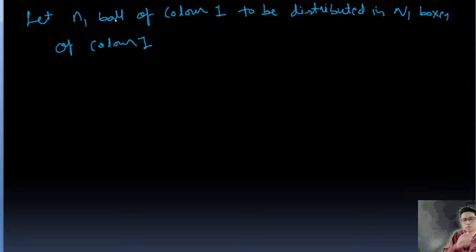Capital N1 is greater than small n1. So in that case omega 1 is going to be this one. We have to distribute n1 balls of color 1 in N1 boxes of color 1, right? So omega 1 is going to be this one.